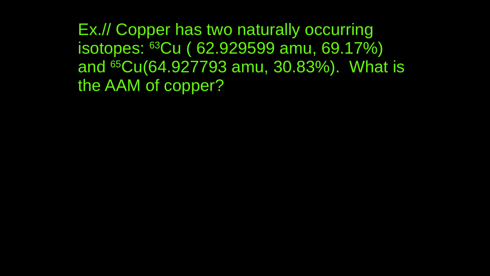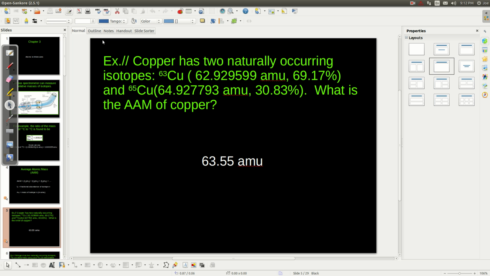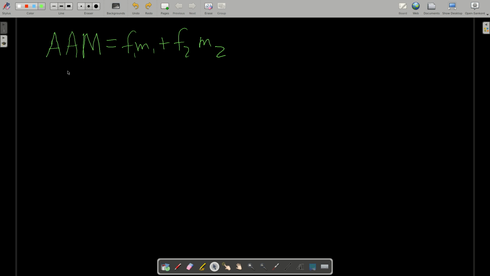So let's do this. That's the equation that we're going to use. 2 terms in it. All we have to do here is plug in. That 0.6917 is the percent that was the first isotope divided by 100.